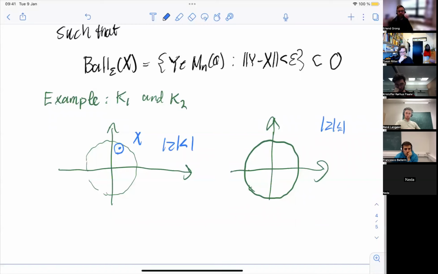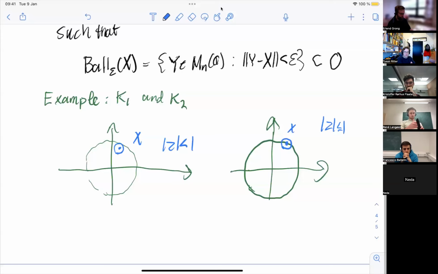So I can always, with a small enough ball around it, be able to get inside of the set. Whereas if I'm here on the boundary, then any ball I draw will be both inside and outside of the set. So the set on the right is not open, and the set on the left is open, because you don't have this problem with the boundary here.